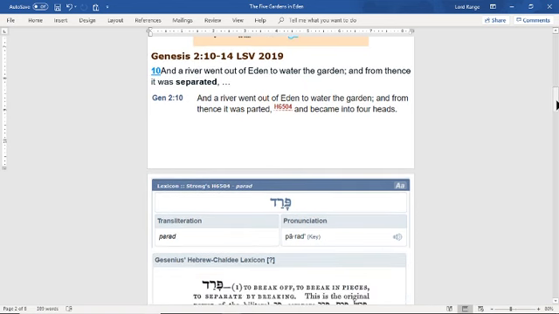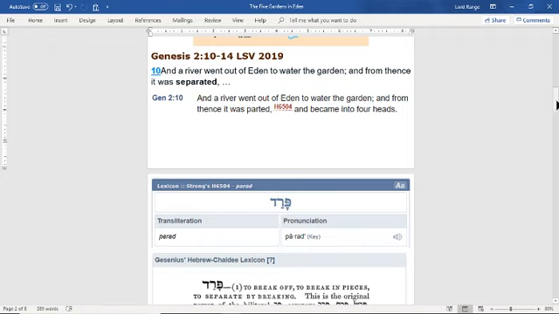So don't picture a little garden in your backyard. Now we have Genesis chapter 2, verse 10 again. "And a river went out of Eden to water the garden, and from thence it was separated." Again, the King James Version, Oxford edition, used the word parted. But when a lot of people read that word parted, they think of hair being parted that is still connected.